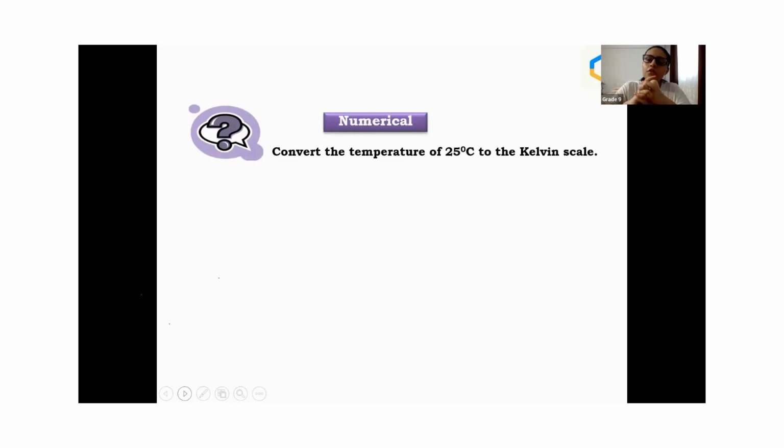Convert the temperature 25 degrees Celsius to Kelvin scale. Don't forget to mention the unit, students.